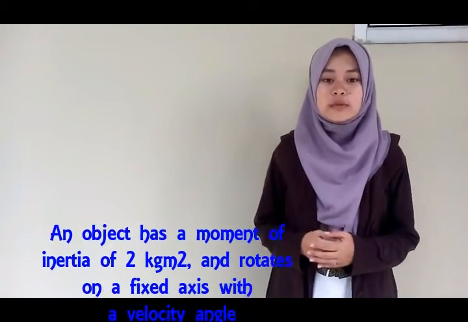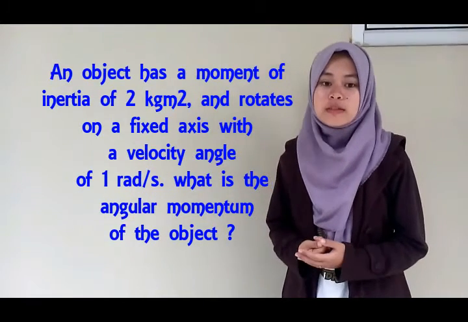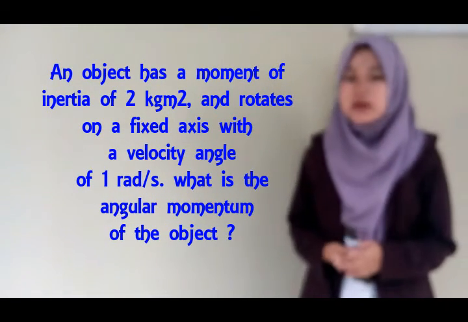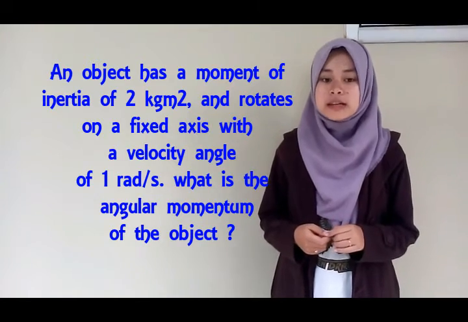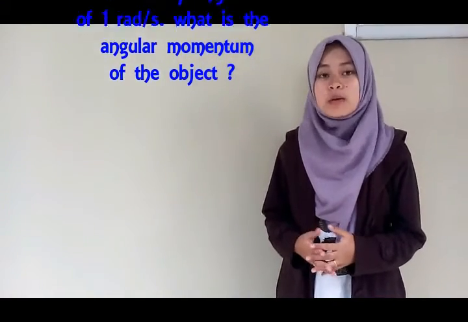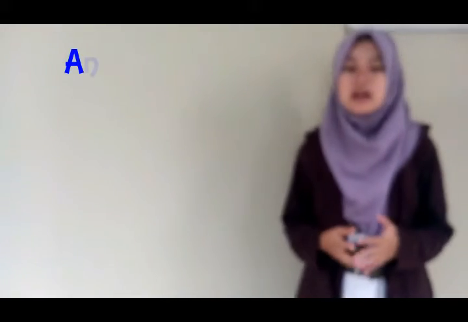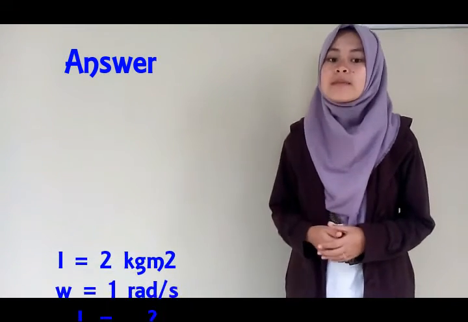For example, an object has a moment of inertia of 2 kg m squared and rotates on a fixed axis with an angular velocity of 1 radian per second. What is the angular momentum of the object? Given: I, or the moment of inertia, equals 2 kg meter squared.